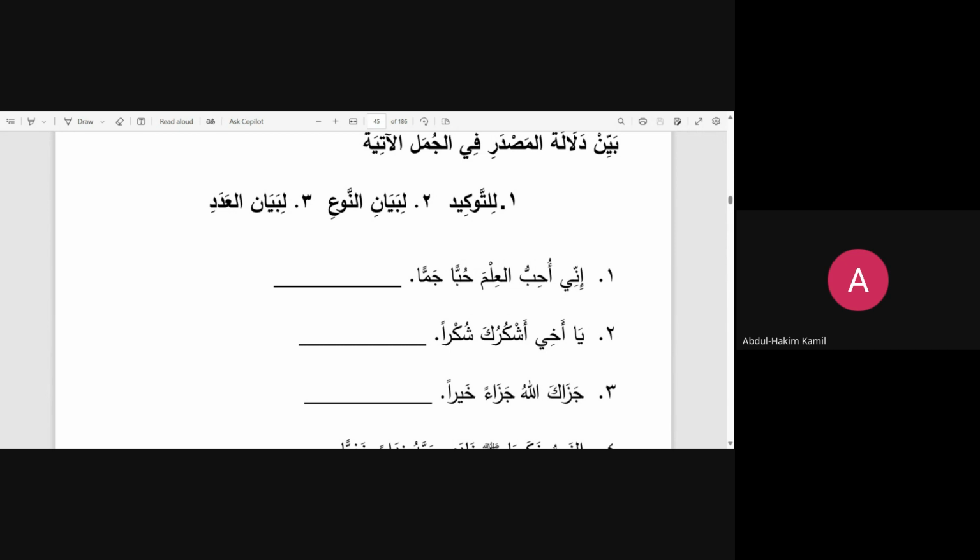So when I say shukran, I'm saying ashkuruka shukran. Why is it mansub? Because it comes after a verb from the same wording. So when you see a masdar mansub just sitting by itself, know that there's a verb before it that is not mentioned. It's mahdhuf, just to make it short.